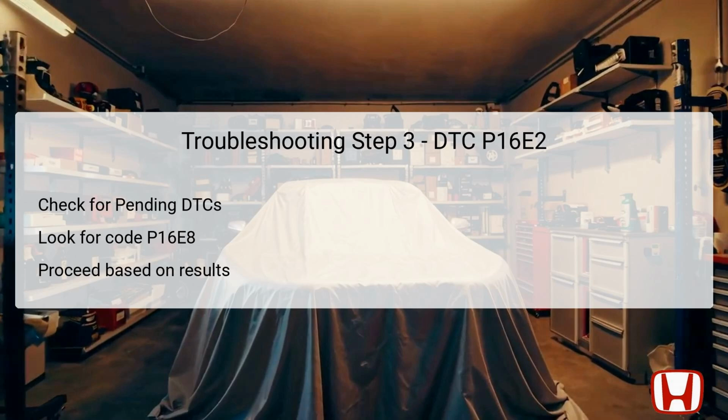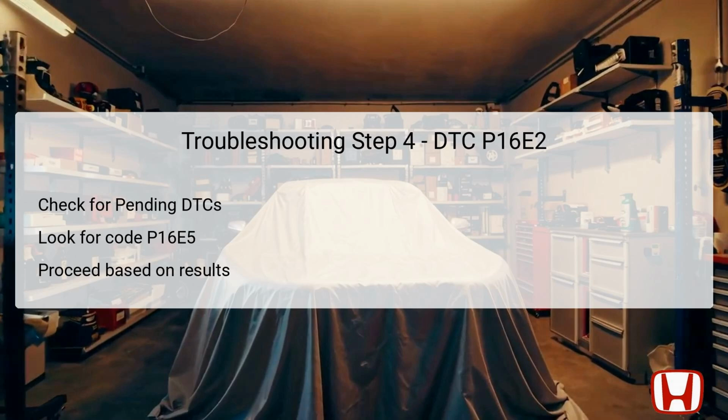If DTC P16E8 appears, it suggests further complications within the system wiring or connections that warrant special attention. Determining the presence or absence of DTC P16E8 will guide the follow-up actions in the troubleshooting process to ensure a systematic approach to diagnosing the issue.